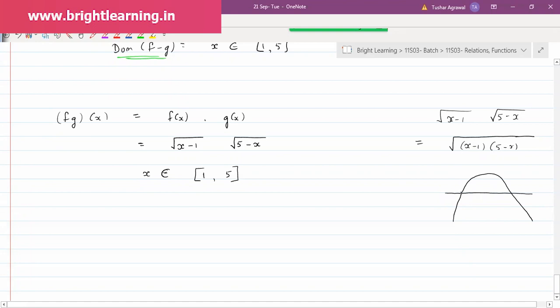One root is 1, another root is 5. It's an inverted U. We have seen the graph of a quadratic, and we want this expression to be positive, so the values between 1 and 5. Here you got lucky that this is the answer.